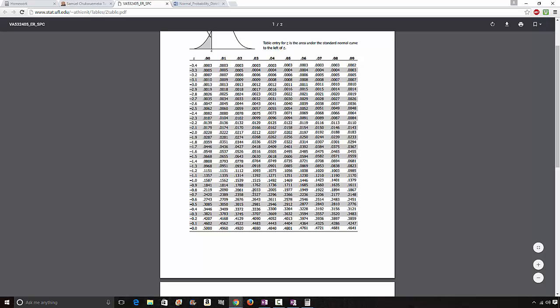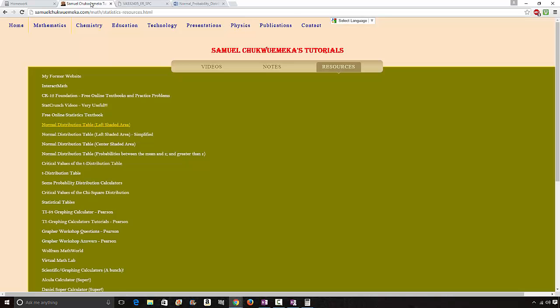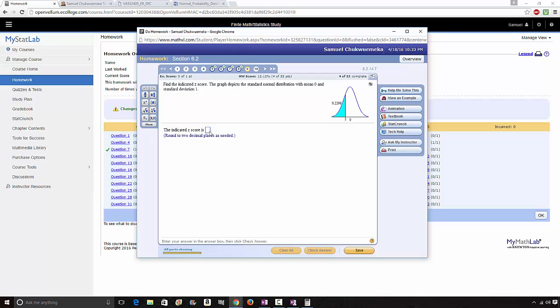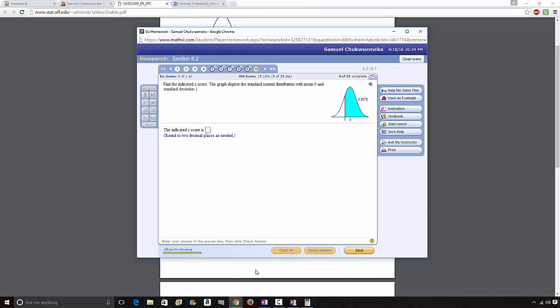There you go. It's right here, 0.2296. And that will give us negative 0.74. See that? Negative 0.74. So I'm going to put it here, negative 0.74.